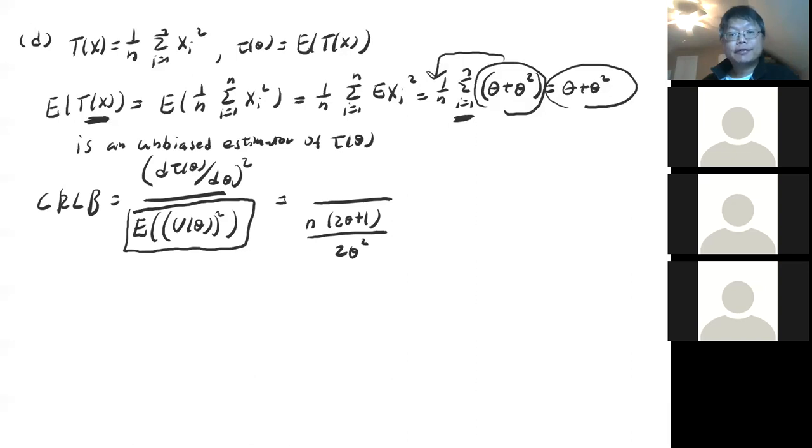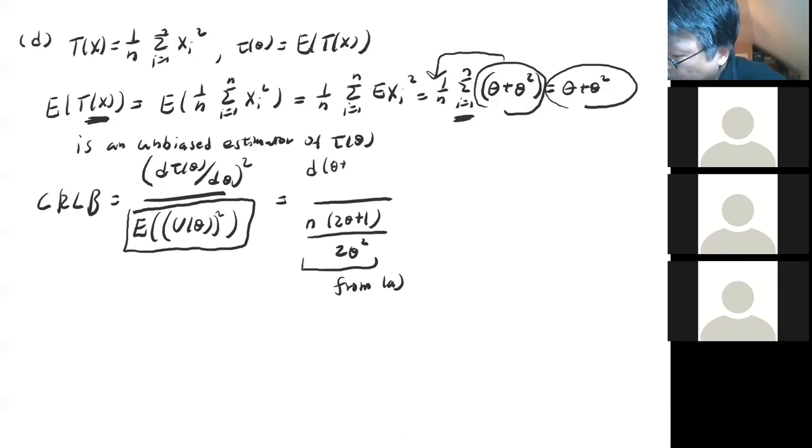Okay, this is from A. Then the only thing to do right here is to derive your tau theta, the derivative of theta plus theta squared with respect to theta.